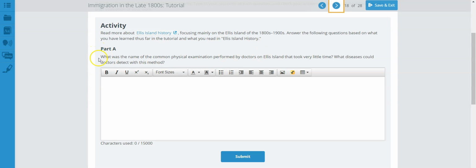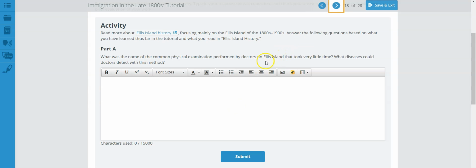Part A. What was the name of the common physical examination performed by doctors on Ellis Island that took very little time? What diseases could doctors detect with this method? Based on the information that you find in this article, and the information you have gathered in your notes in the previous pages of this tutorial, you should be able to put together a good paragraph explaining what happened.